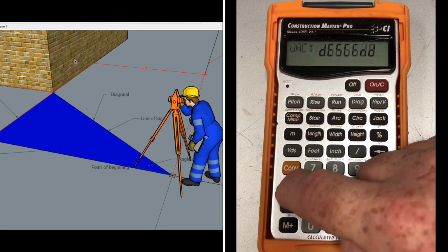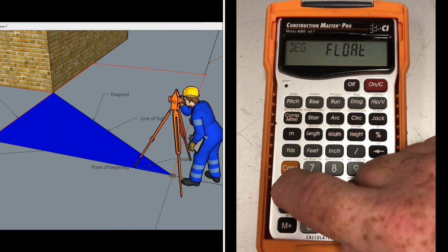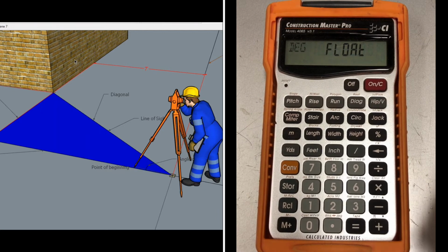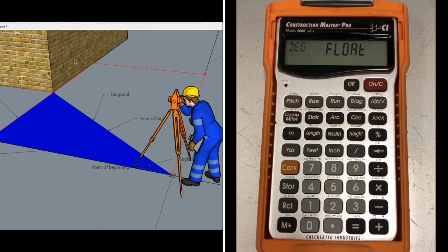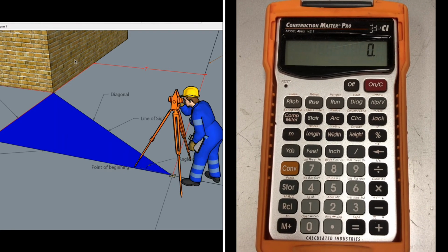DEG or 0.00. That will be your decimal degrees. In order to change that preference, you just hit the plus button. We're looking for float. If you come up with float, the next thing you're going to want to do is hit the clear button on your calculator, and that will set that as a preference.